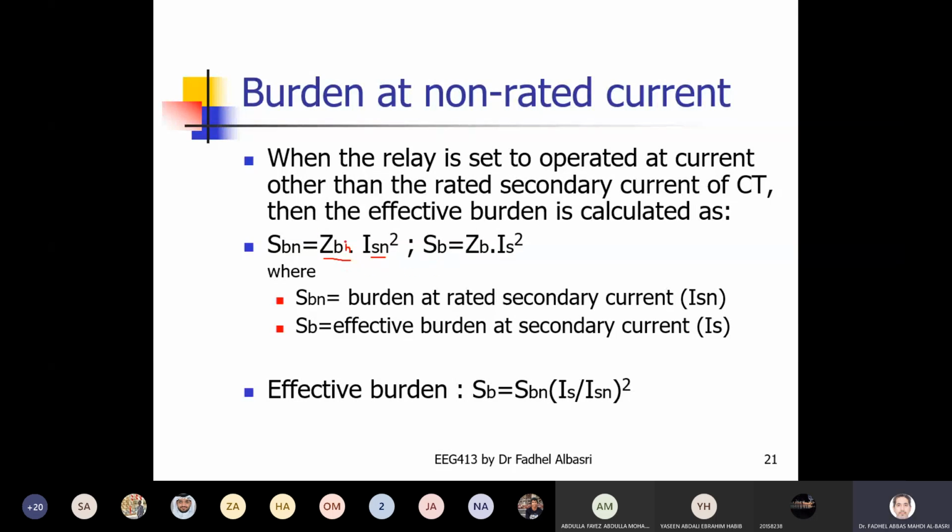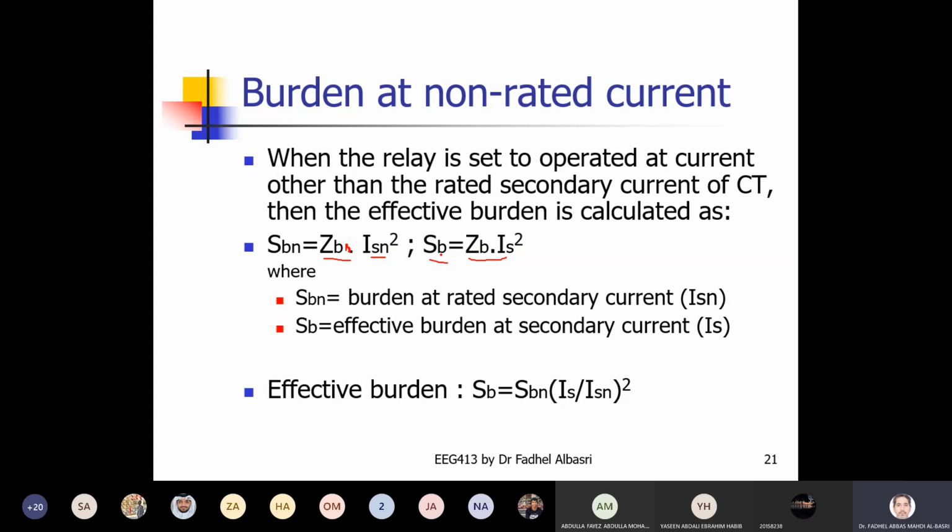Now, if I want to find the same burden in volt-ampere at other currents, we know the relation between volt-ampere and current. So Z burden times the current squared. This Z_B at other currents will not change. The burden impedance does not change, so from this relationship I can find Z_B. Z_B is the same in both cases.